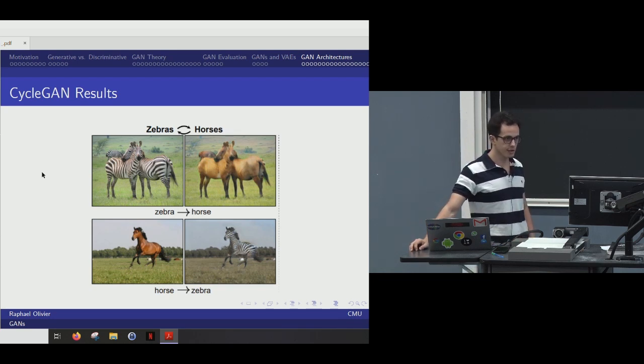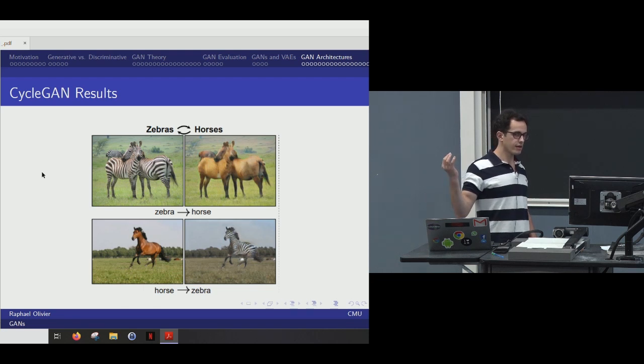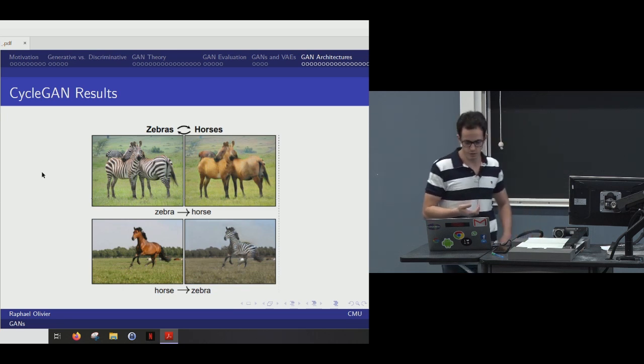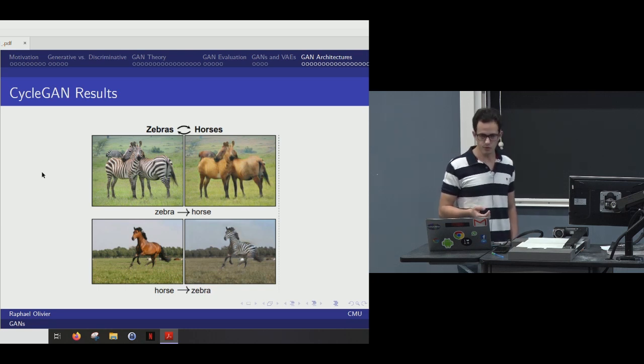It's because you absolutely don't have any aligned pairs of zebras and horses that are in the exact same position. You just have two distributions that have nothing to do with each other, apart from the fact that they have two animals that kind of look alike, minus some color features. So the CycleGAN is able to do translation without any aligned data.